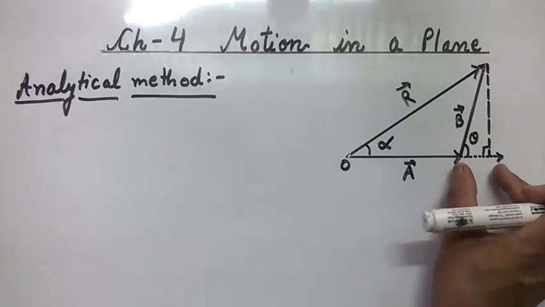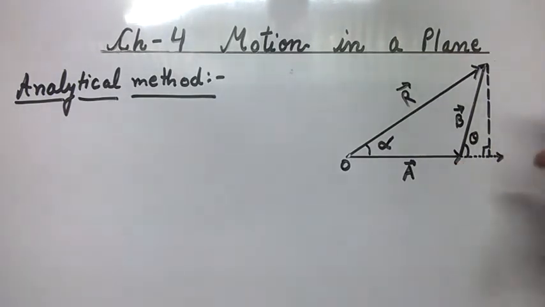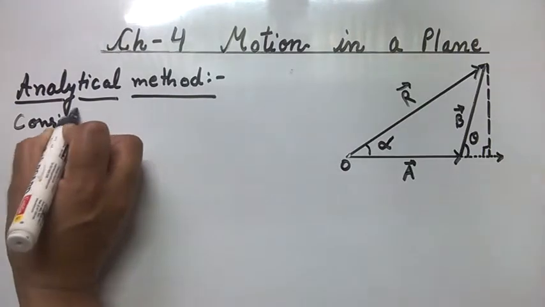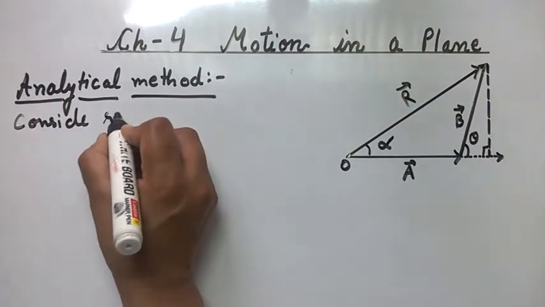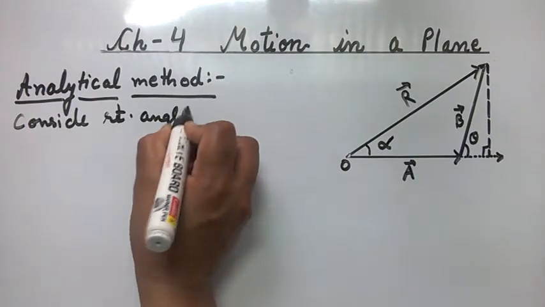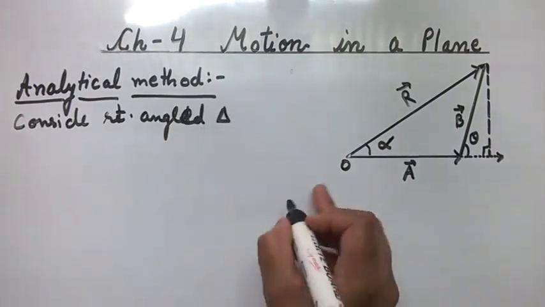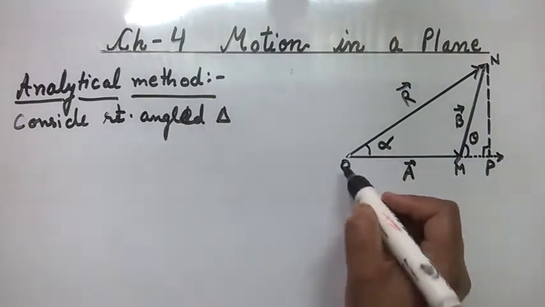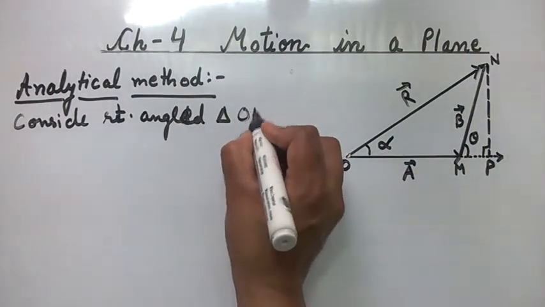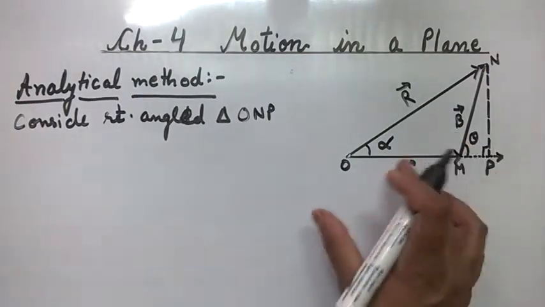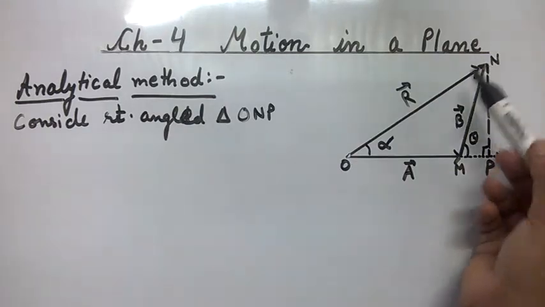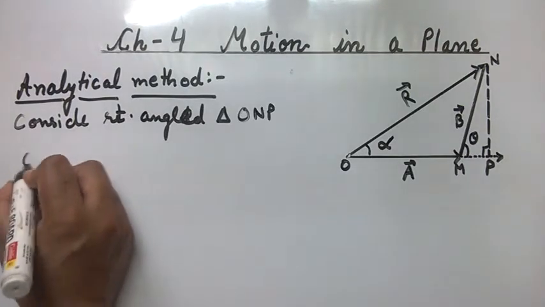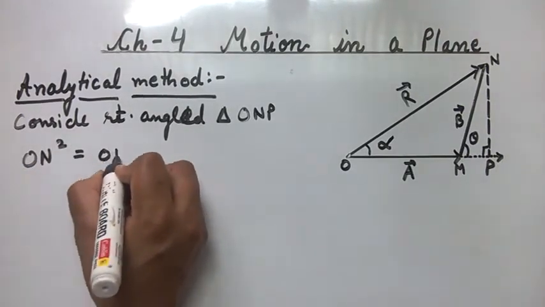So in order to find it, consider the right angle triangle; let this be N, this is M, and this is P. Consider triangle ONP and apply Pythagoras theorem, that is hypotenuse square equals perpendicular square plus base square, that is ON square equals OP square plus NP square.